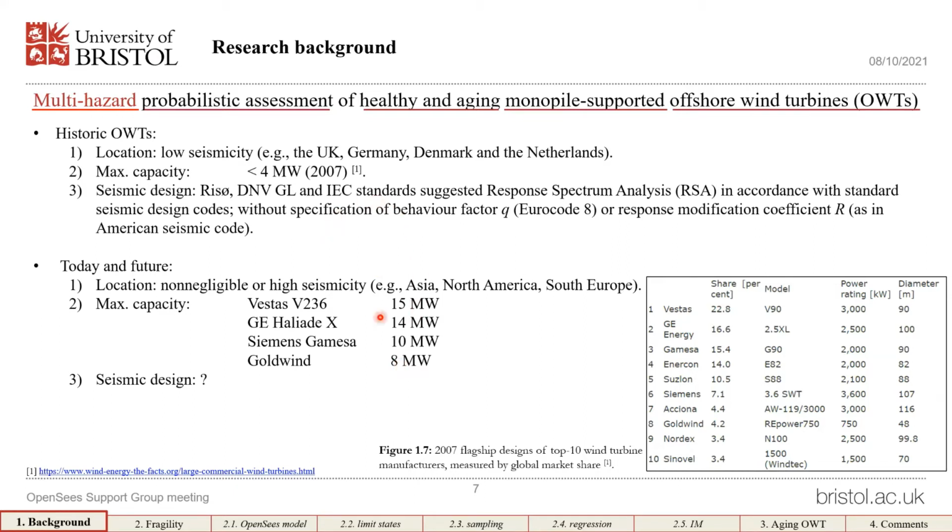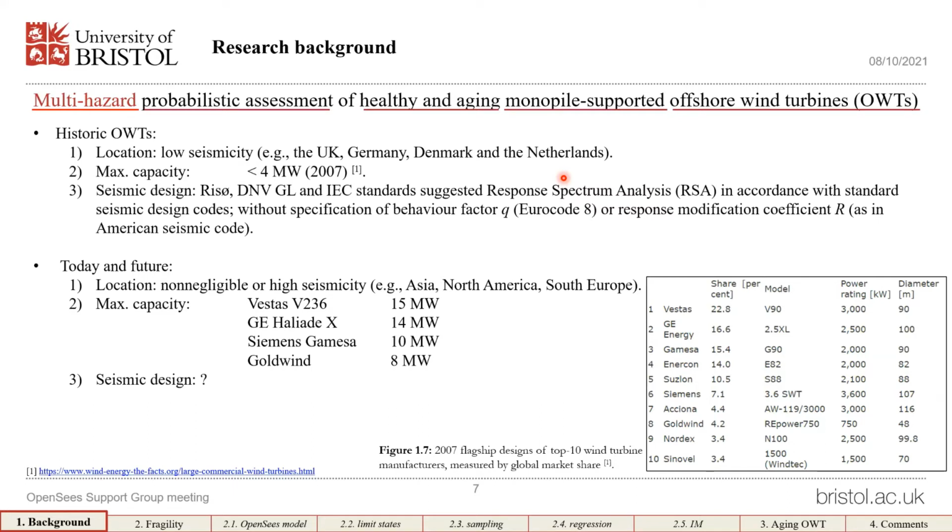And thirdly, probably most importantly, the existing offshore wind turbine design codes all suggest the response spectrum analysis method for seismic design. As we all know, the response spectrum analysis method is first of all a linear-based approach.